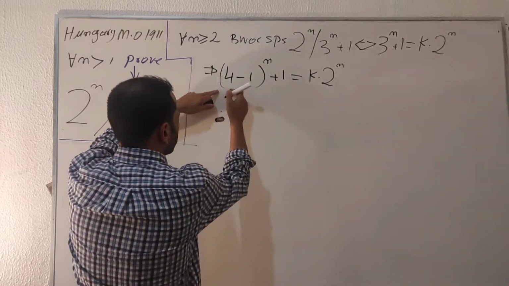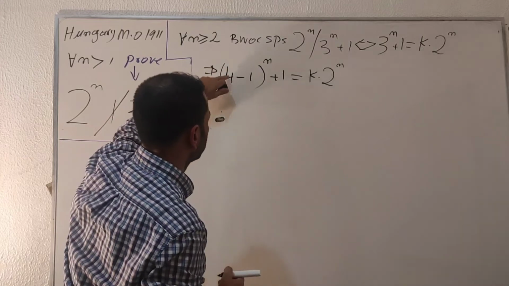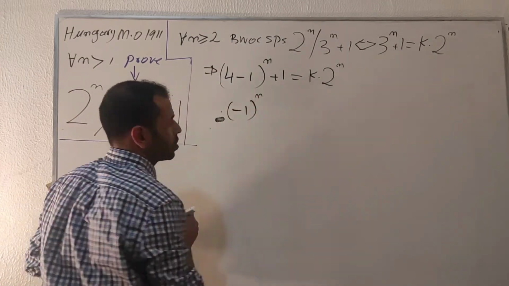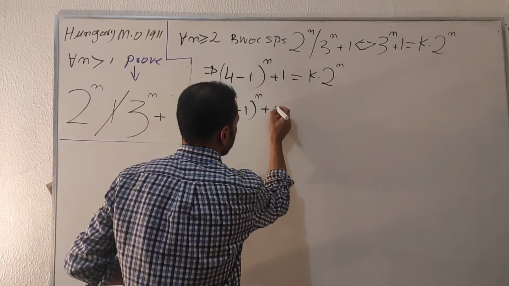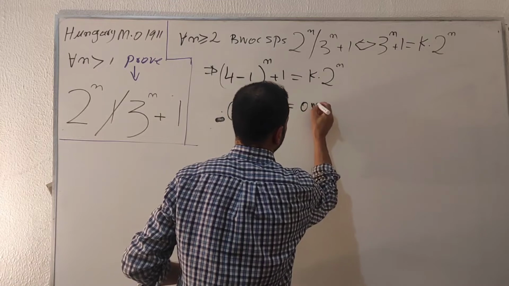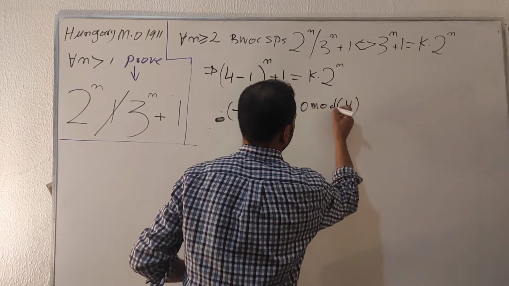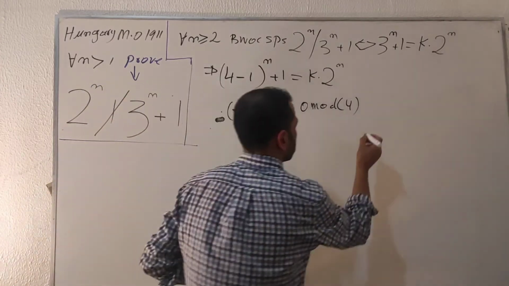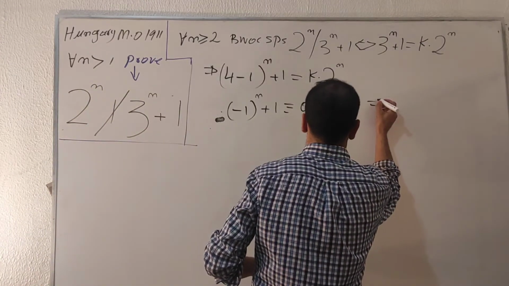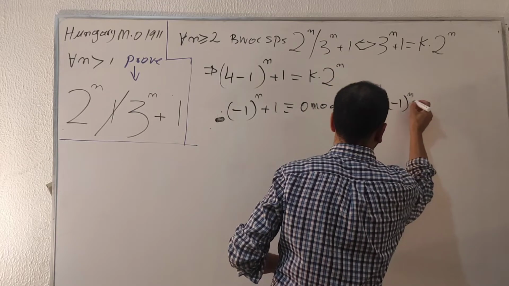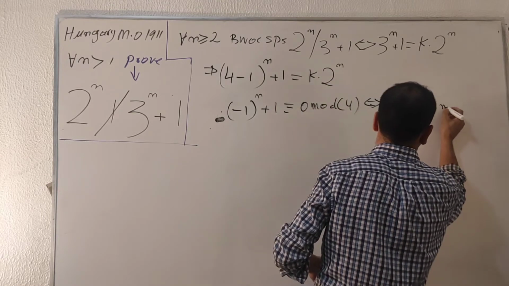I get 0 here, and on the left I get (-1)^n + 1, which is congruent to 0 mod 4. Let's take 1 to the right side. I get (-1)^n, which is congruent to -1 mod 4.